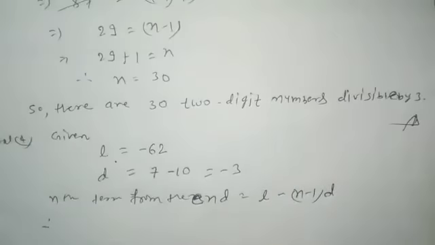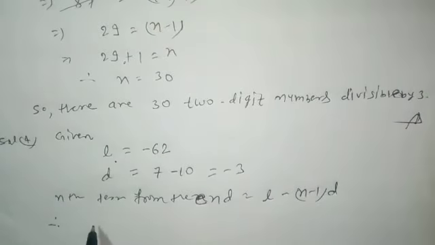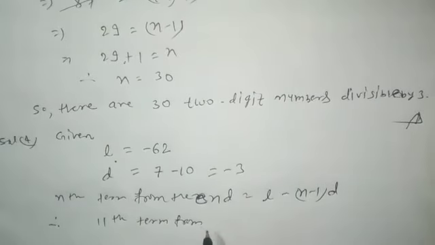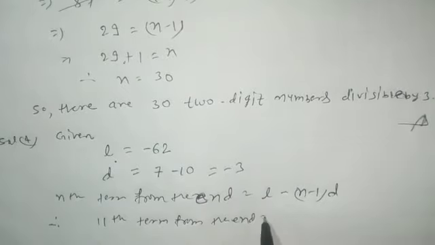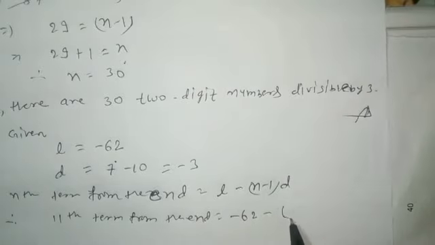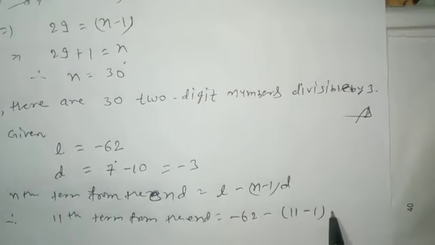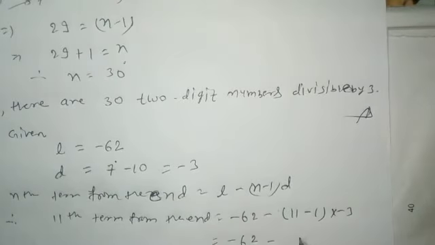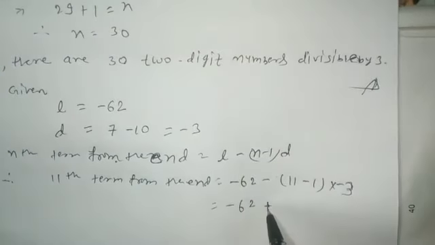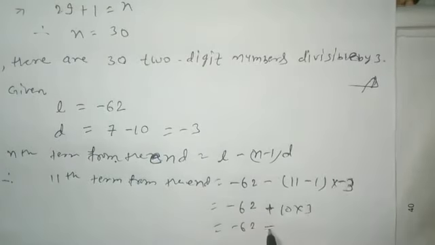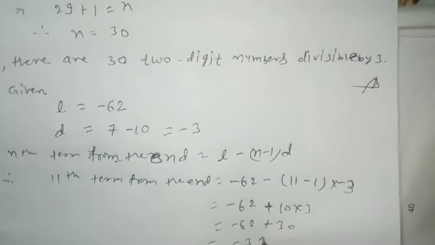So therefore the 11th term from the end is equal to minus 62 minus 11 minus 1 into minus 3, which is minus 62 plus 10 into 3, which is minus 62 plus 30, equal to minus 32.